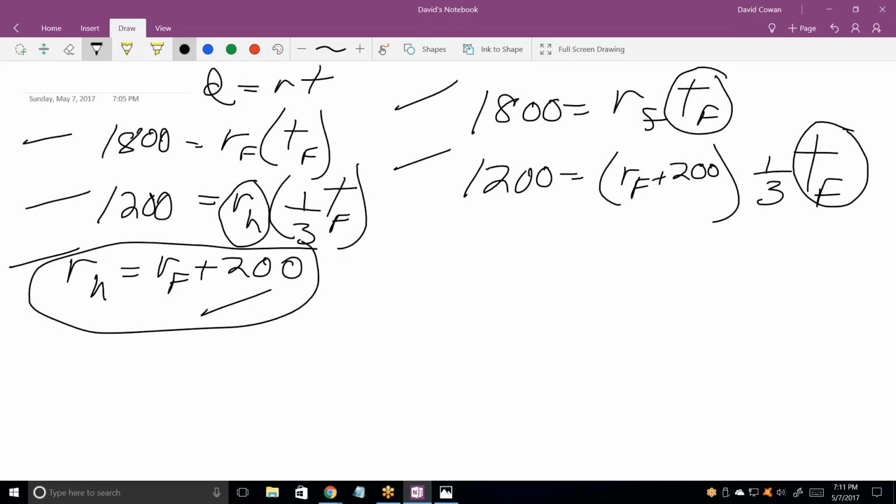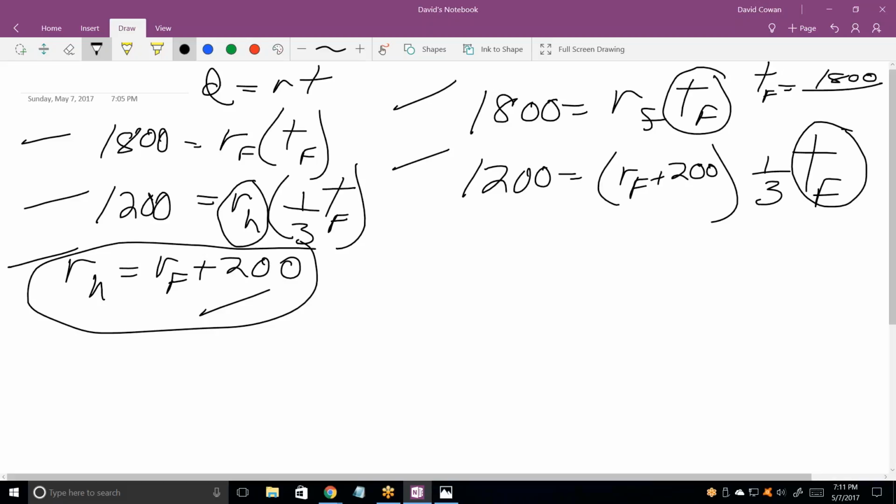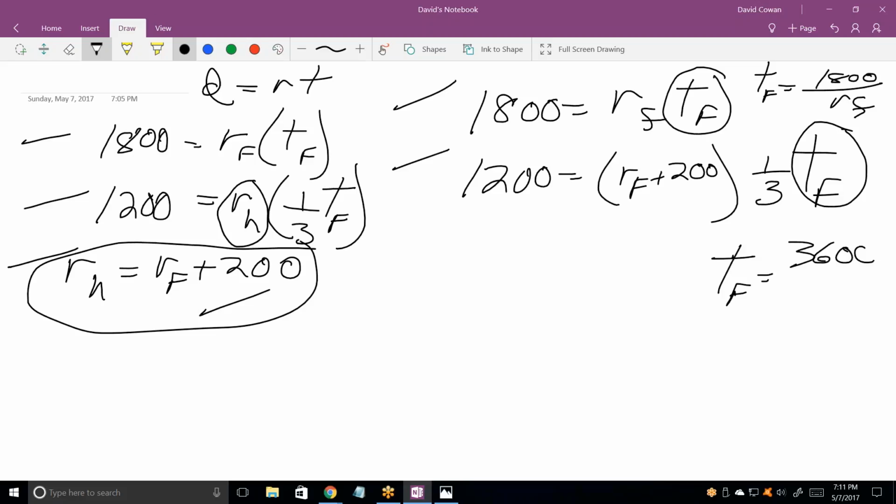So in the top equation, t sub f equals 1800 divided by r sub f. Got that? Yes, sir. And in the bottom equation, t sub f equals 3600, because I'm going to multiply everything by 3, divided by r sub f plus 200.